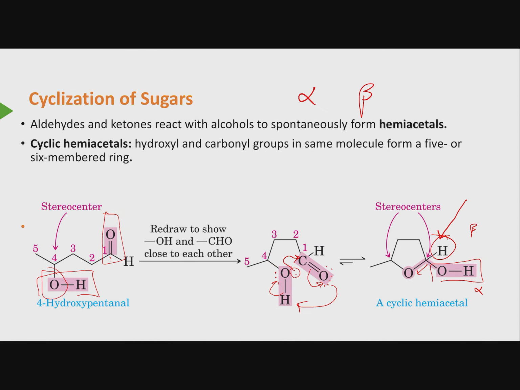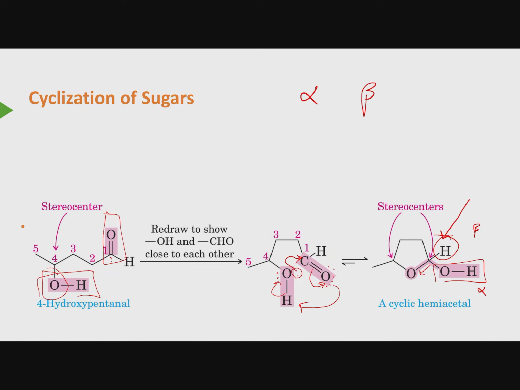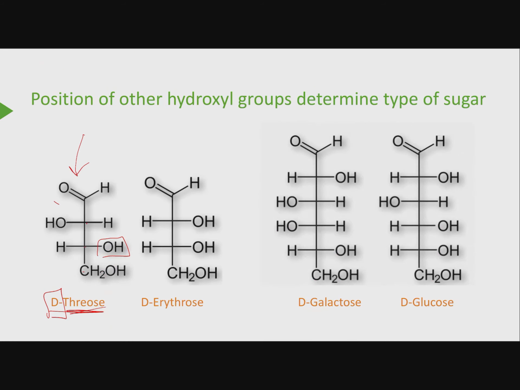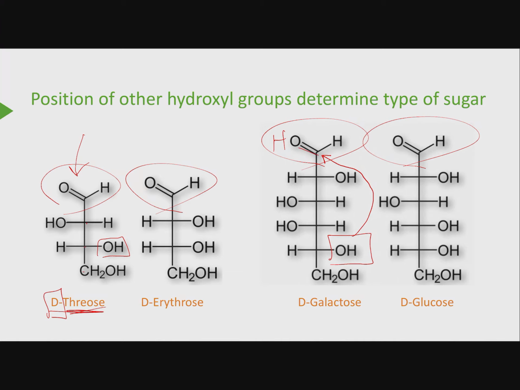It's whatever carbon has the carbonyl group on it. So going back to these previous slides, these are the number 1 carbons right here. Some oxygen on a further down carbon is going to come in here and react with this and cause this carbonyl to turn into a hydroxyl.